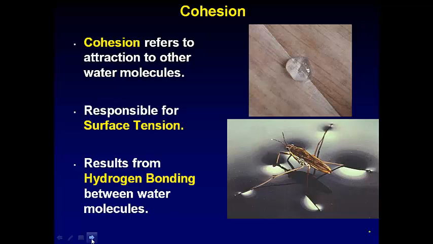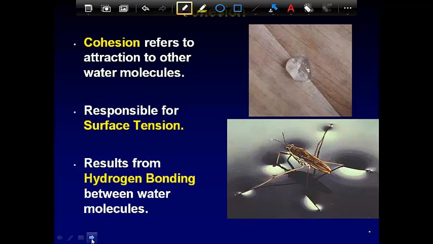The result of this is called something called surface tension. And you can see that down here in this picture of this water strider. Okay, we've got kind of almost a film on top of the water that this water strider can actually stand on. That's our surface tension of the water. Those water molecules are all joined together with those hydrogen bonds, almost forming like a layer on the top of the water that some organisms can actually use as a surface.